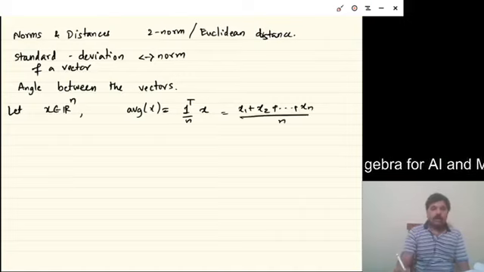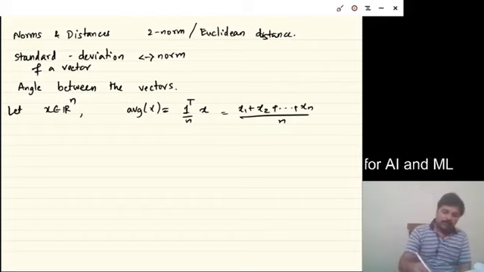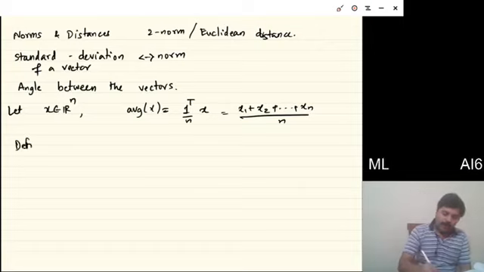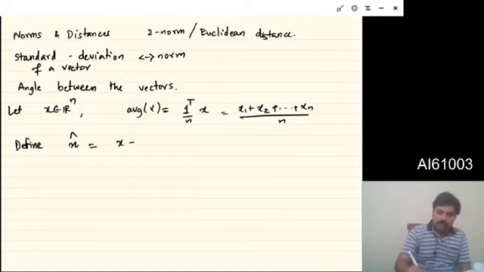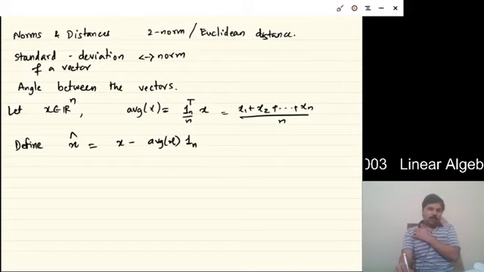So that's a real number. Average is a real number. Given a vector x, you can find this average, and I can define a new vector x hat as x minus the average of x times 1. This 1 is basically 1n; I may not write it, it doesn't matter.